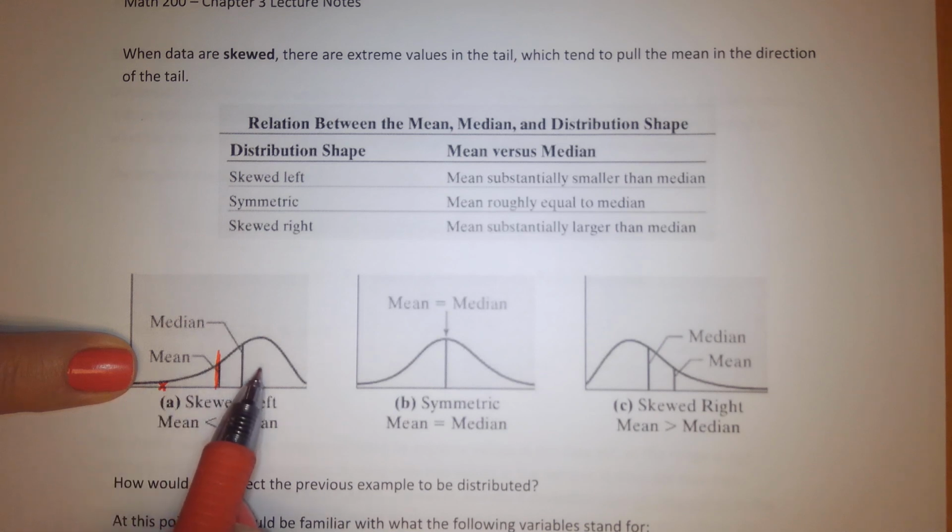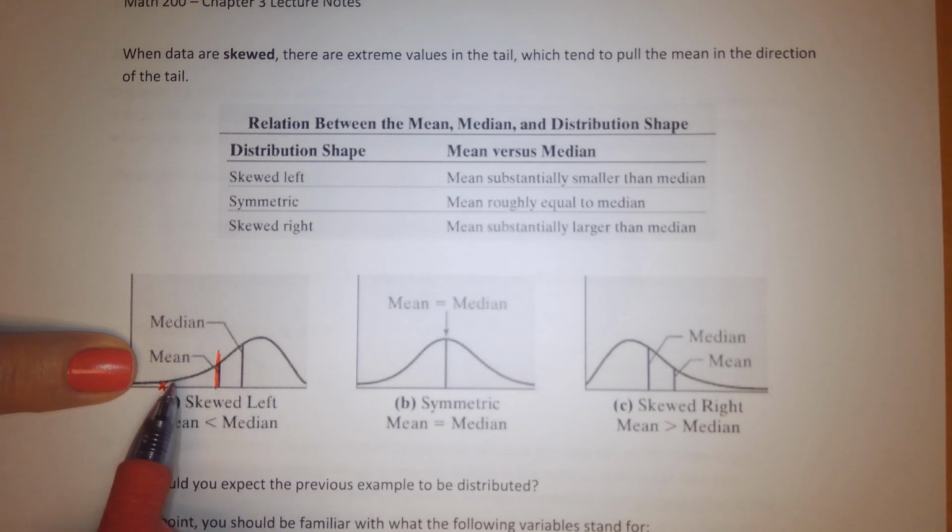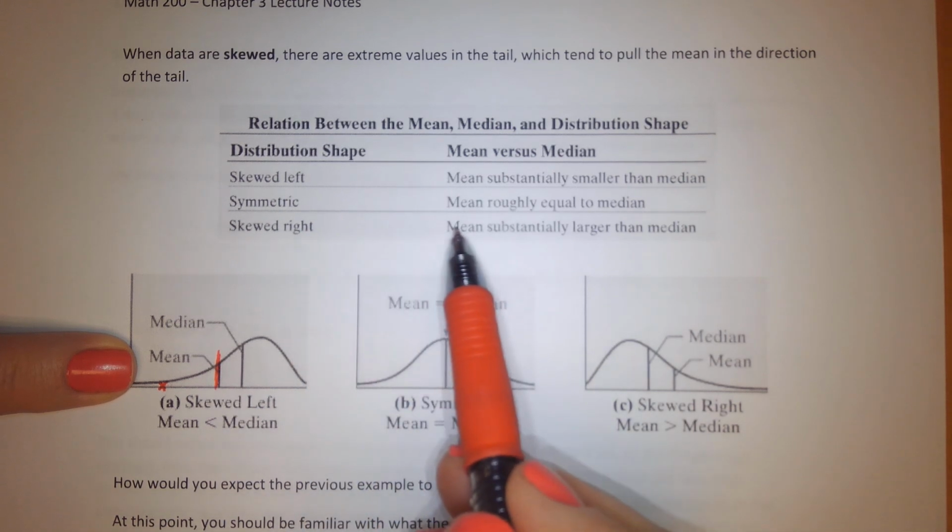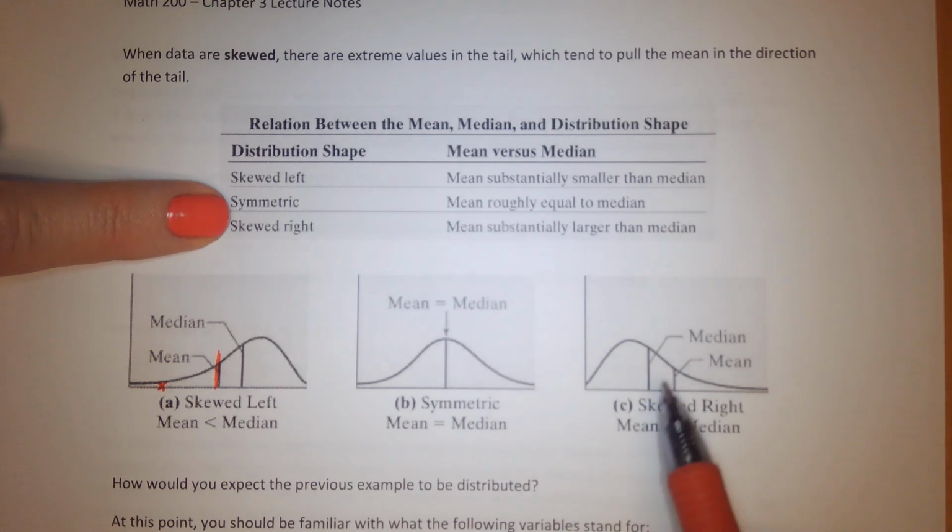The median hardly changes. The median usually is at the peak where the mode is, but because of that extreme value, it pulled the median a little bit, but not too much because it's resistant, but it really pulled the mean in the direction of that outlier or that extreme value. Now on the other side, if it is skewed right, it looks like this graph over here.